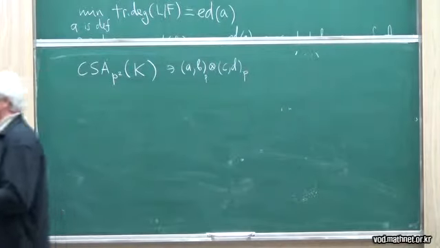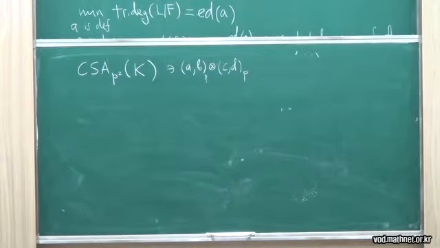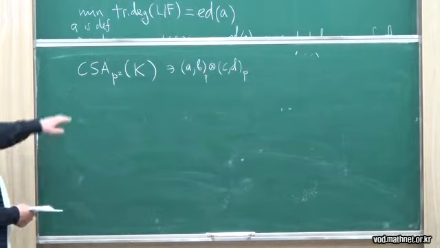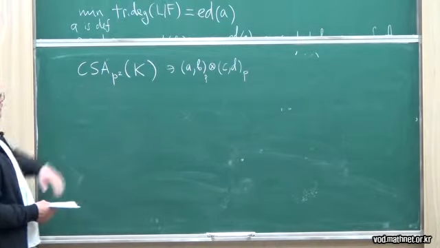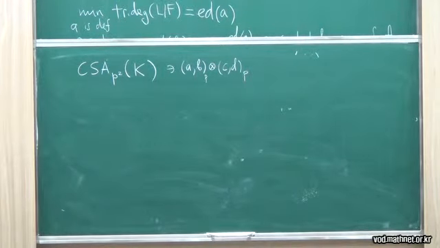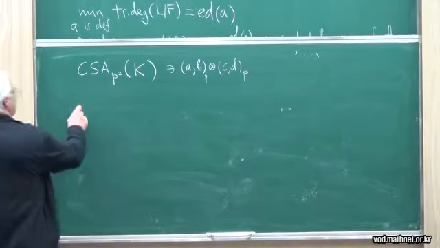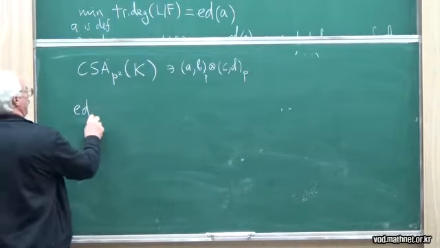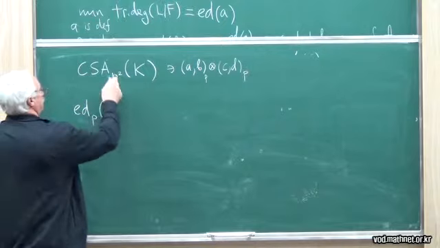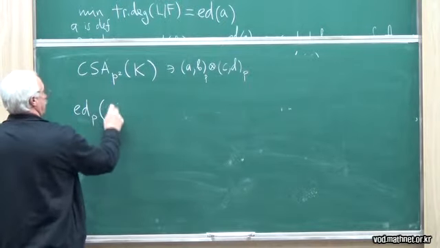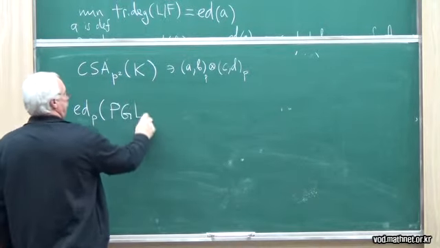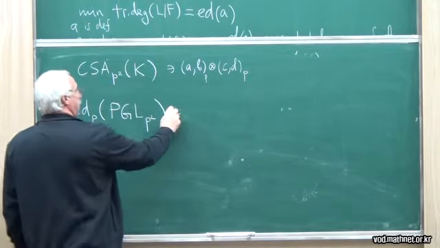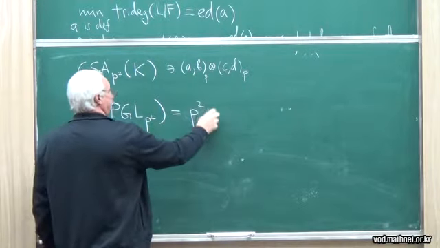Well, it has been known, of course, for a long time that the answer is negative, but the conceptual proof would be to calculate the essential dimension of this class. And it turns out that the essential p dimension of this class, which is the same as the essential dimension of PGL p squared, is equal to p squared plus 1.